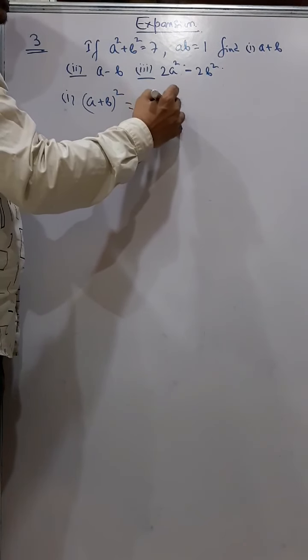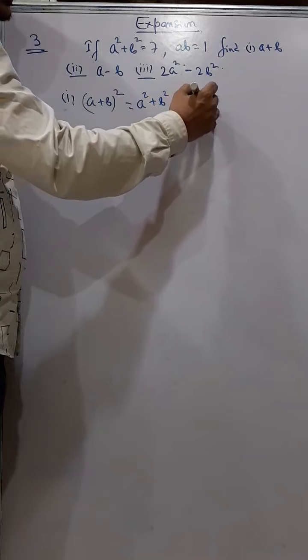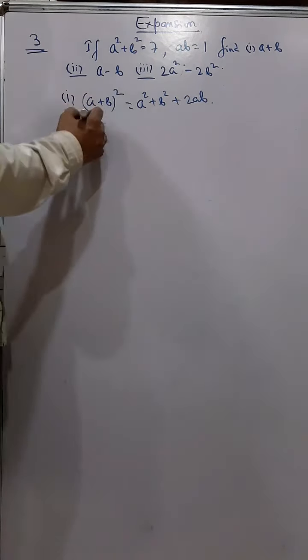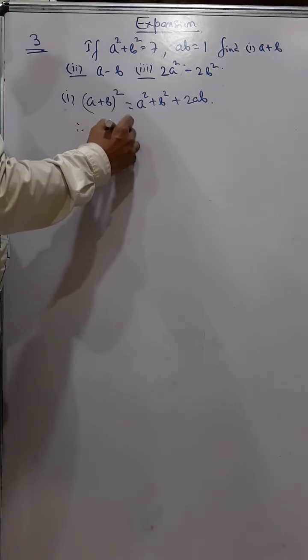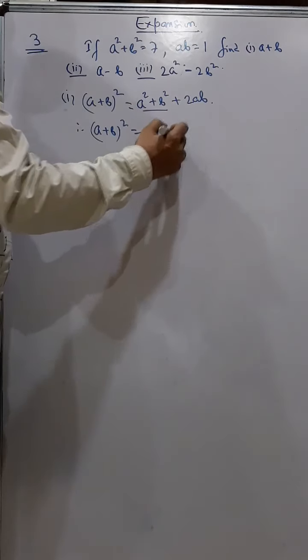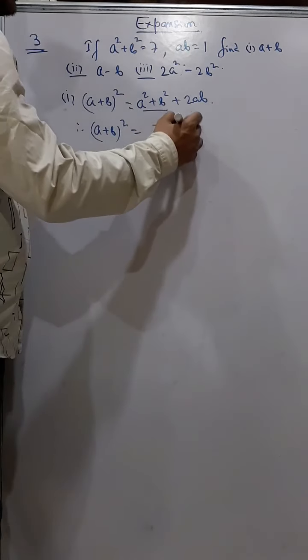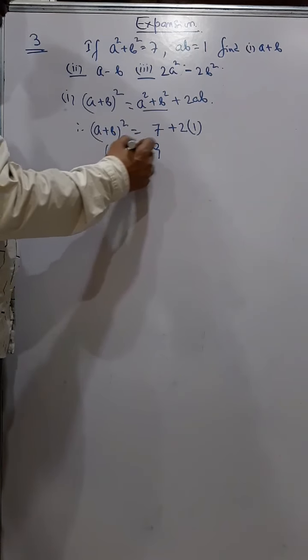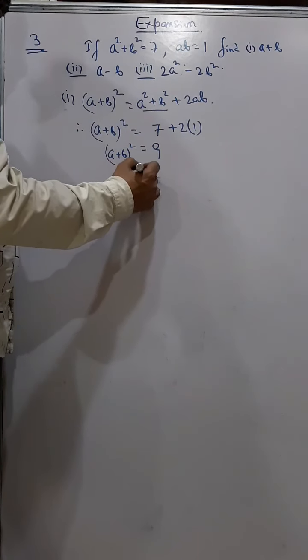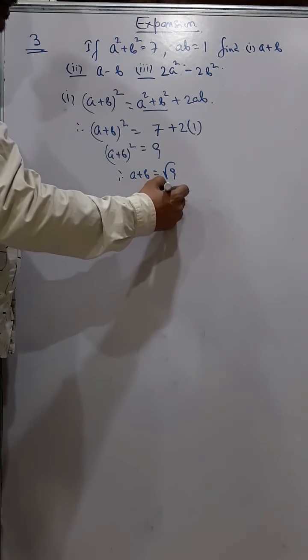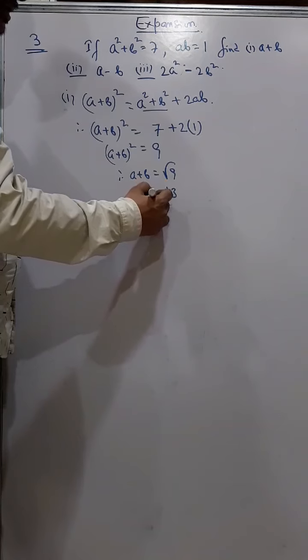It is a square plus b square plus 2ab. Now a square plus b square is given, 7, plus 2 into 1, the ab value. So finally we get 9. So a plus b whole square is equal to 9, and we got a plus b is equal to root over 9, that is plus minus 3. So this is a plus b.